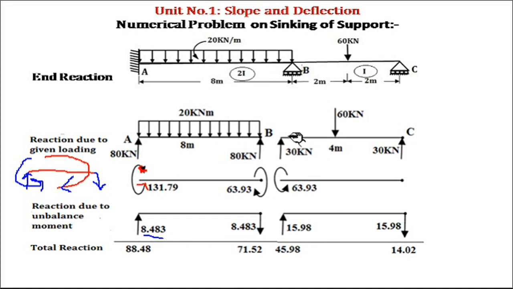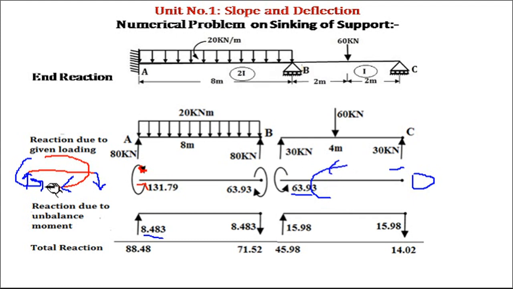Now here the moment in member BC is plus. As it is plus, it will act in anti-clockwise direction and the value is 63.93. And the moment in member CB is 0. So the unbalanced moment will be at joint B. Okay, and this will rotate the structure in anti-clockwise direction.